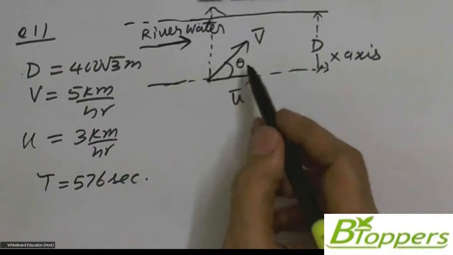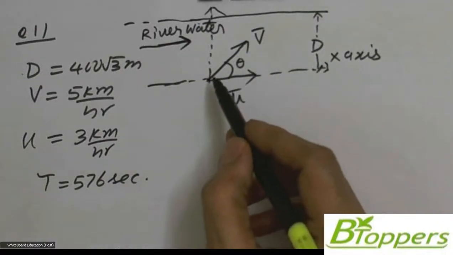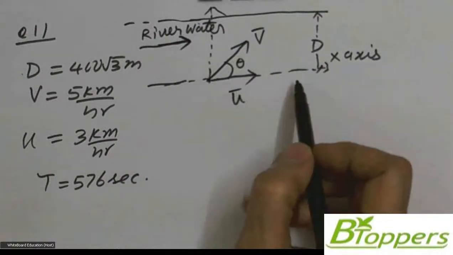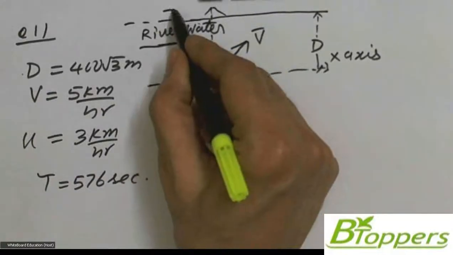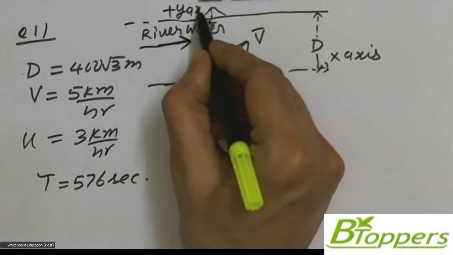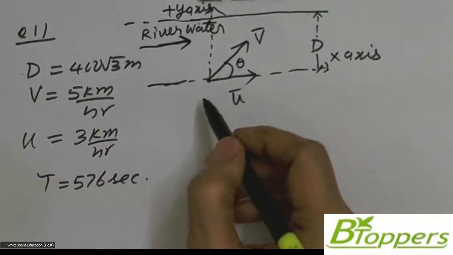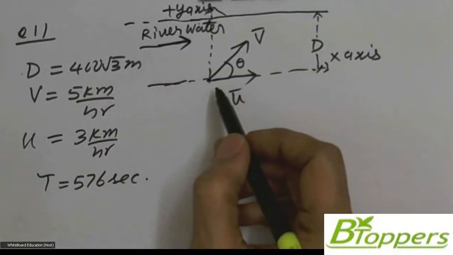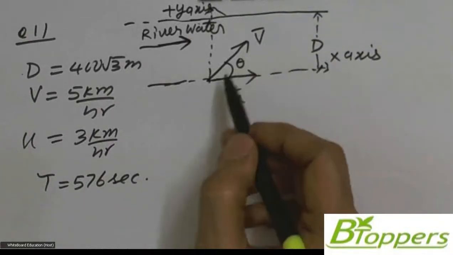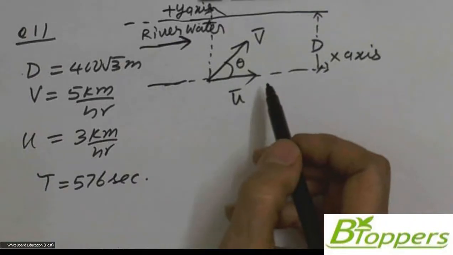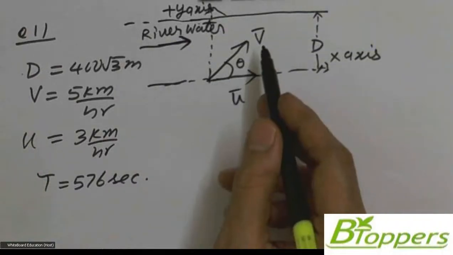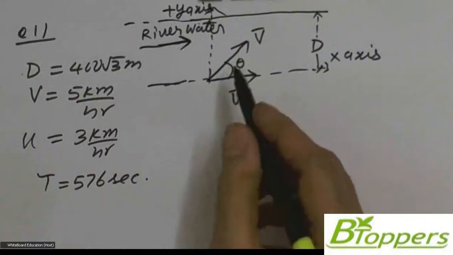So you can resolve the velocity v bar into rectangular components parallel to x-axis and y-axis. The component of velocity v bar along x-axis is v cos theta. The component of v bar along y-axis is v sin theta.